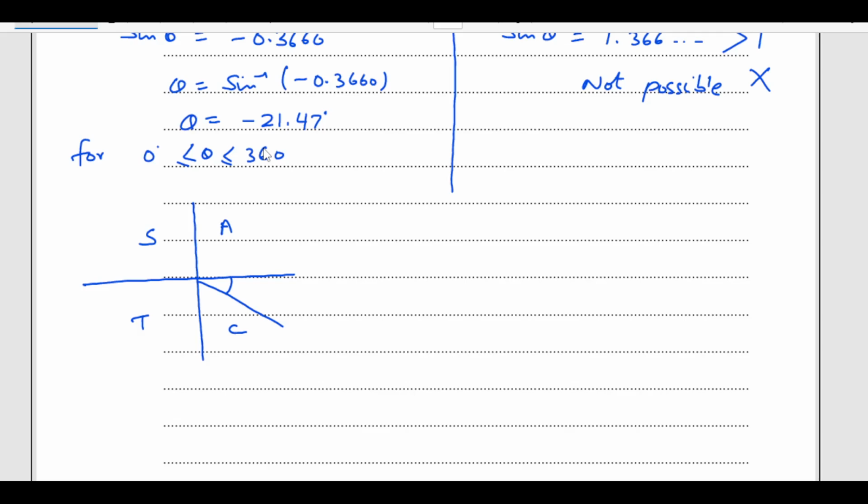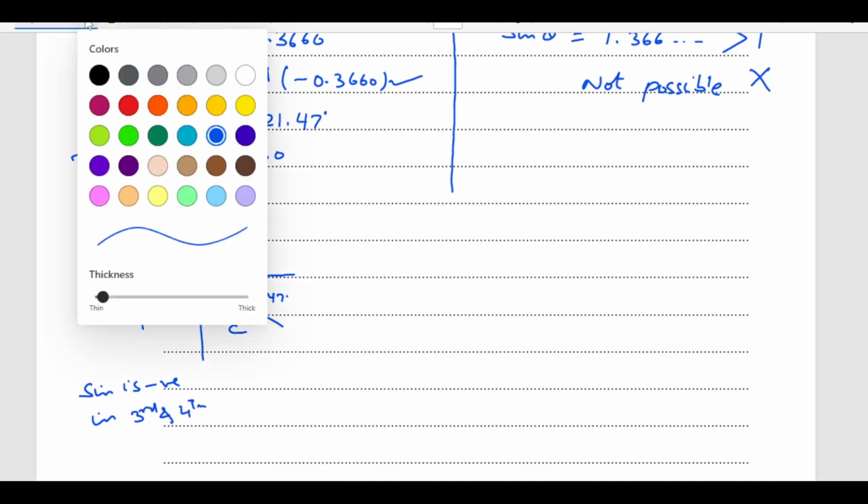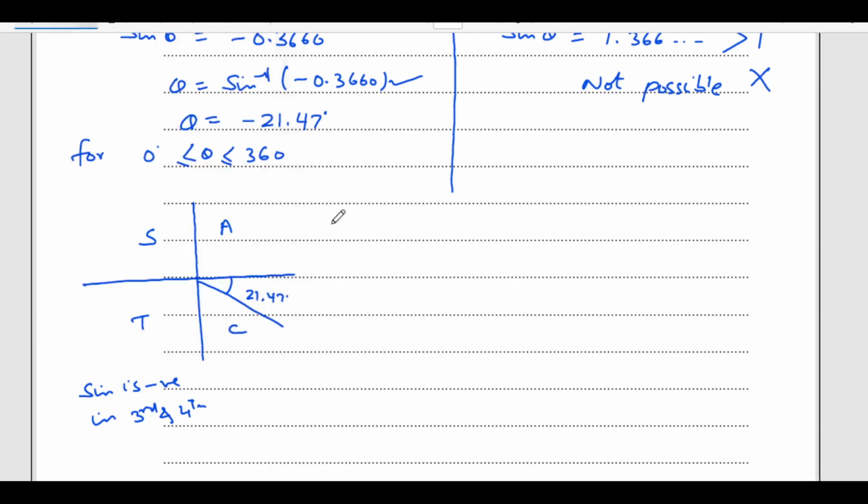Remember this, sine is negative in the third and fourth quadrants, right? That means one angle is here, and another one is going to be here in the third quadrant.